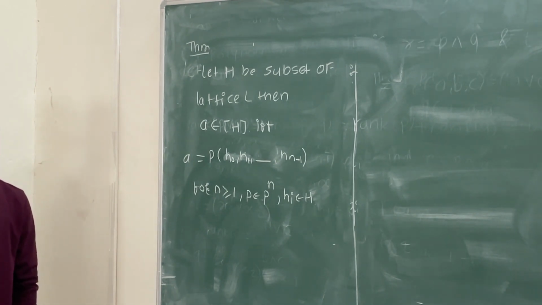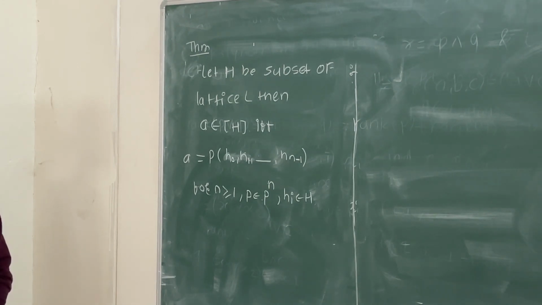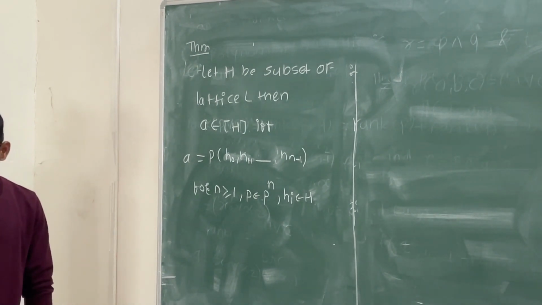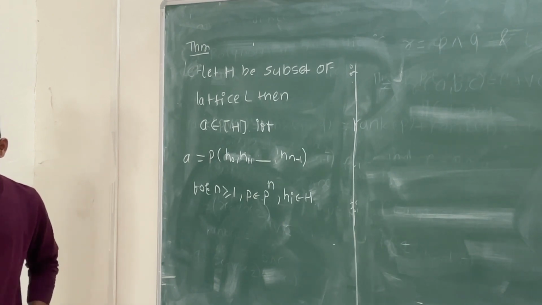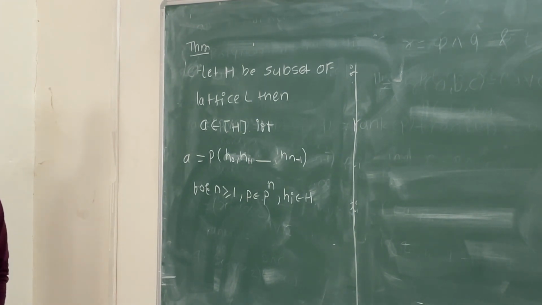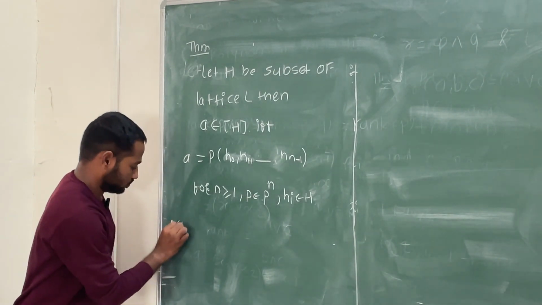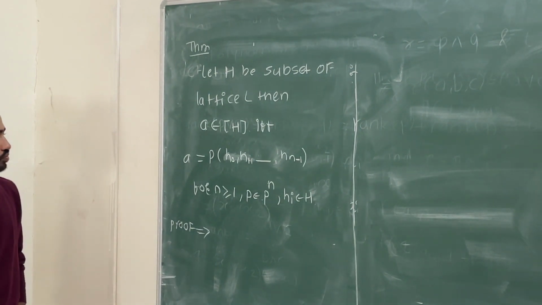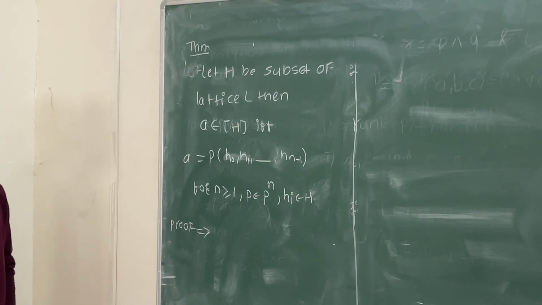It is the smallest sublattice generated by H, the smallest sublattice containing H. That means if you have any sublattice containing H, then this is contained there, because it is the smallest among all sublattices containing the set H. Is that clear? So it says some element will be in that sublattice if and only if A is a value of some polynomial, and those hi's are coming from H.